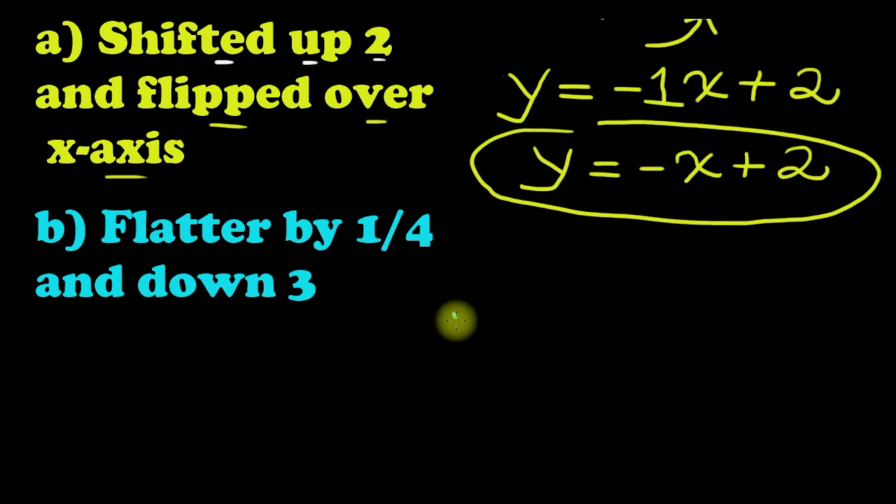Okay, so it's going to be y equals, now your slope is going to be 1/4, so it's flatter by a factor of 1/4. So it's going to be 1/4 x. Now because it goes down 3, it's going to be minus 3.